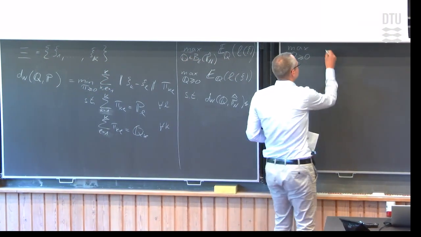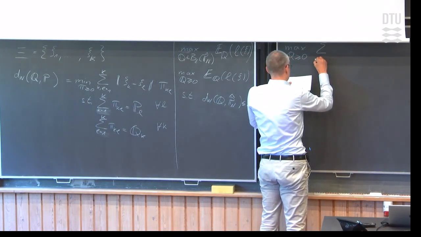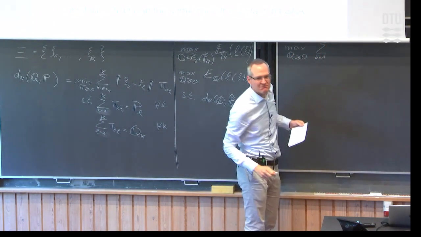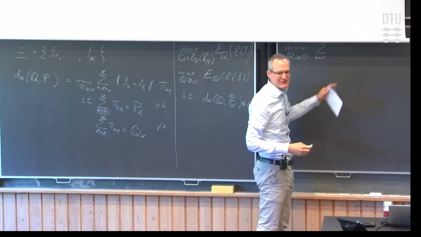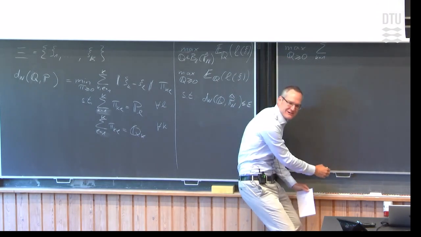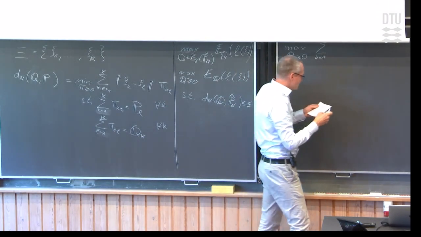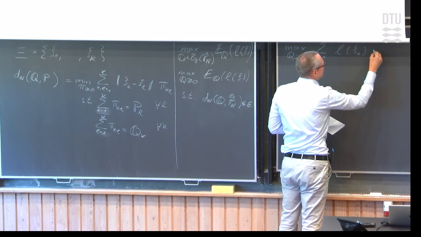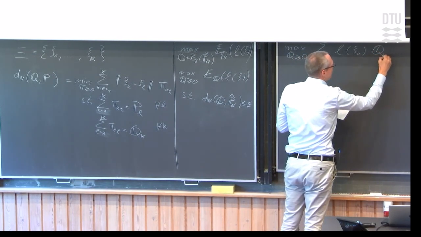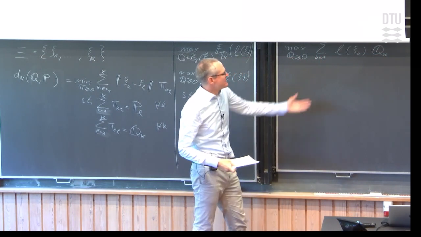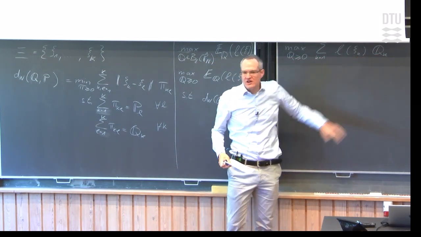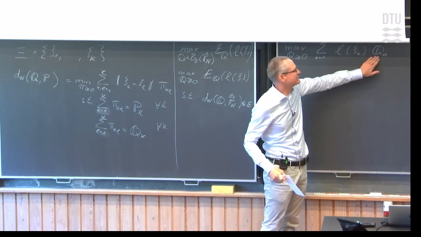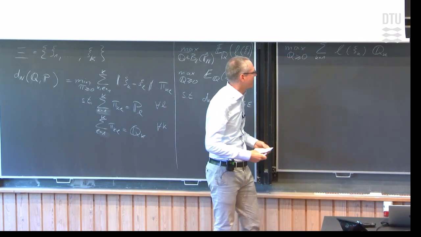The sum will run over all scenarios from k equals 1 to capital K, of the loss evaluated at scenario psi k multiplied by the probability q k of the scenario psi k. For discrete distributions, that's the definition of the expected value. So it's just a sum, and it's linear in our decision variables, the q k's. Okay, so that's easy.